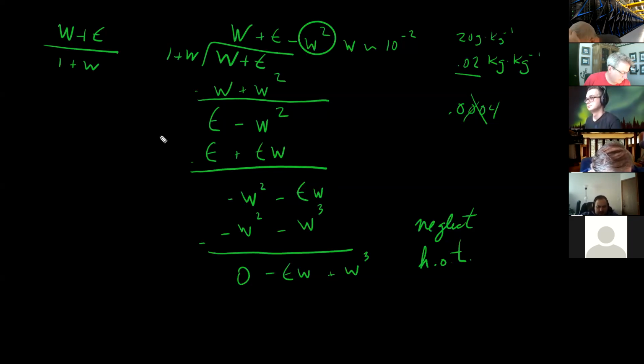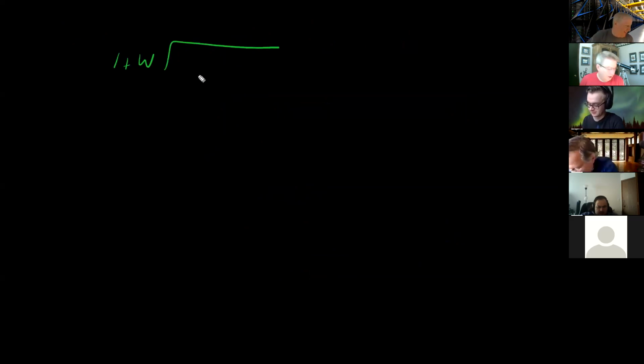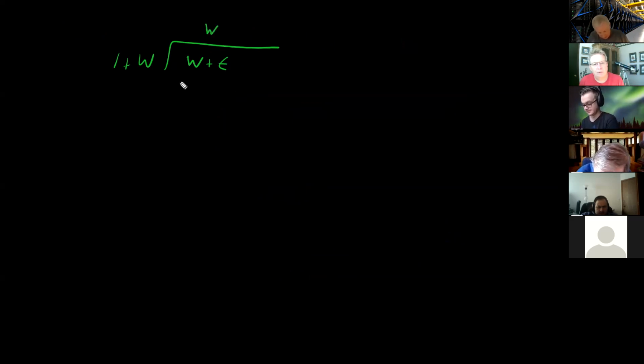See, this is a real pain in the butt. Let me do this again: 1 plus W. Don't you hate textbooks that do this? It's so important, but they just gloss over it. W plus W squared.